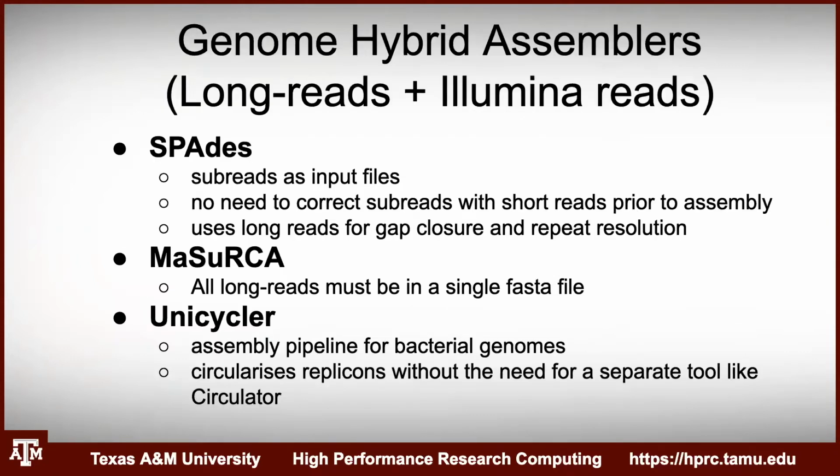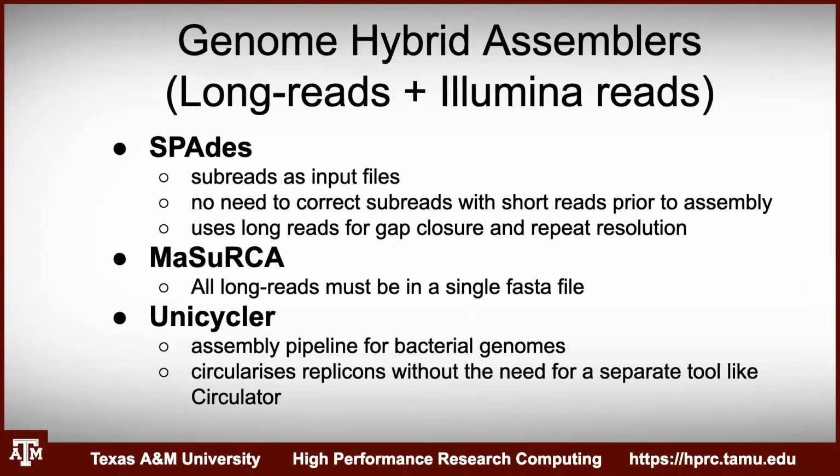As I mentioned earlier, a common practice whenever you're doing a new de novo assembly is to employ both long read technology and short read technology. That way you get the contiguity of assembly that the long reads provide with the accuracy of the Illumina short read data.